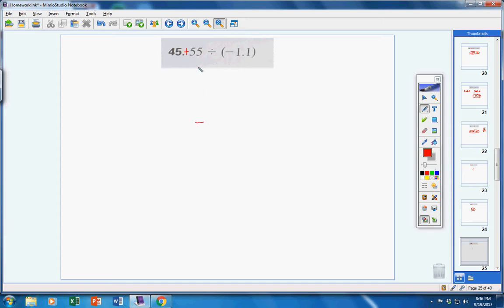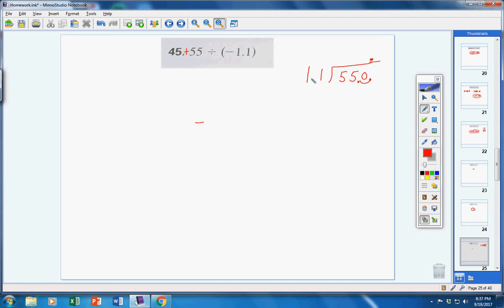Number 45, we have a positive divided by a negative. That's negative. And 55 divided by 1.1. Move the decimal one place to here. So it's gone. However, if you move this decimal one place, you must also move this decimal one place.